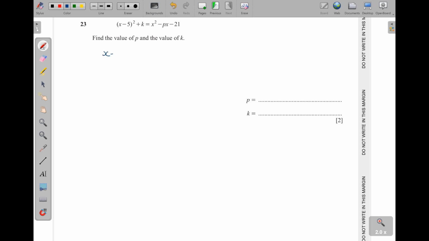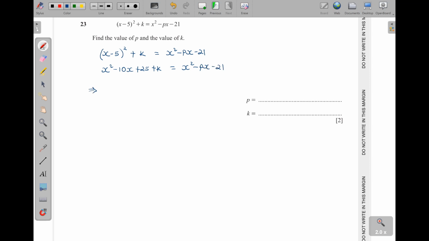You expand (x minus 5) squared. Here we shall have x squared minus 10x plus 25, and there is plus k, then this one is x squared minus px minus 21.